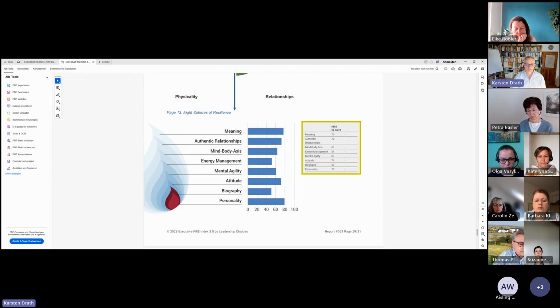Somebody who is used to working and coming from victim mode to shaper mode, even though the traits are high. But anything related to energy management, that would interest me. And also authentic relationships could be an area to look at, right? Because there is some significant gap that could potentially be improved, right?